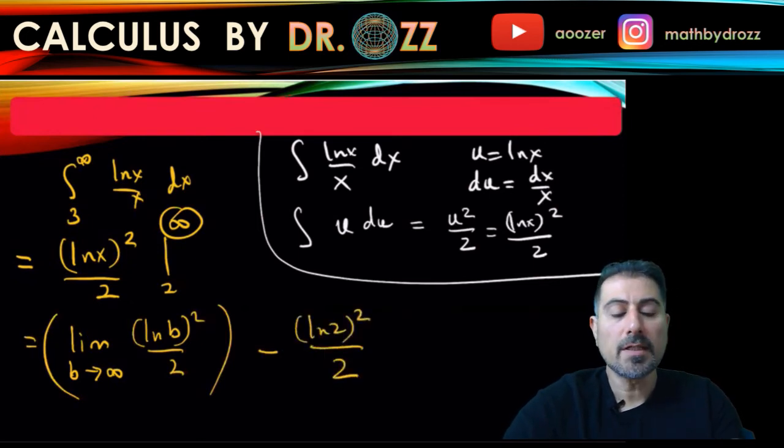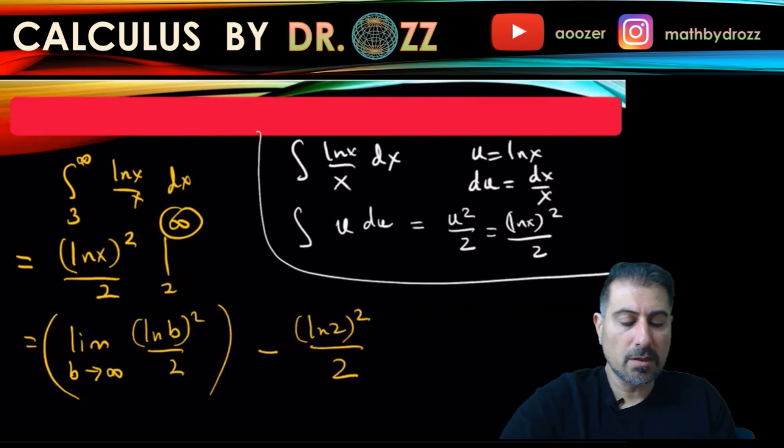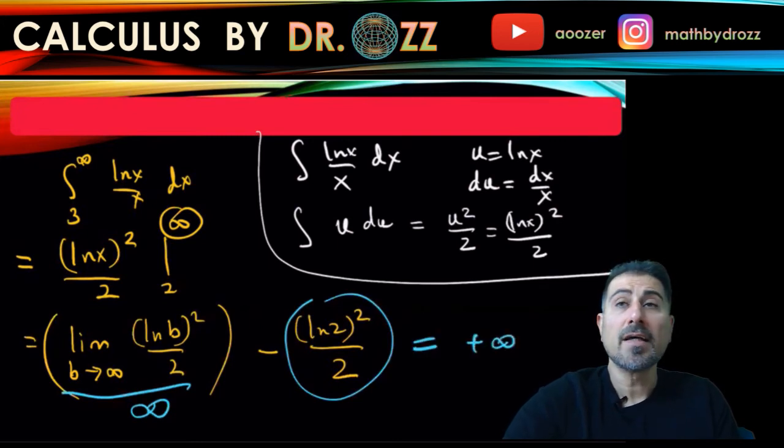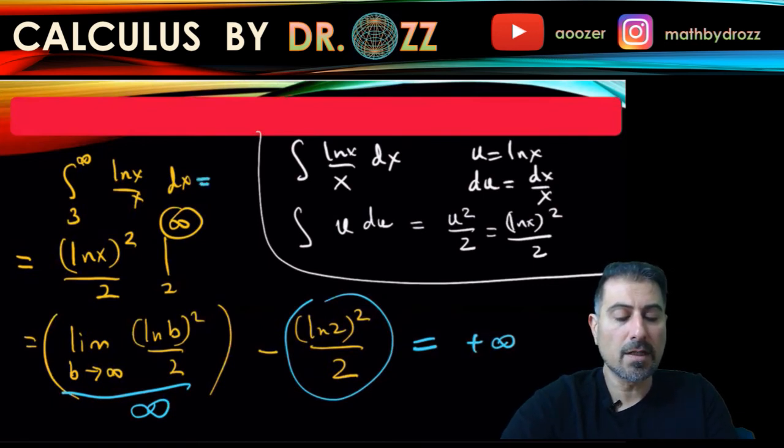One thing that we know about the ln function is that ln is an increasing function, and ln of infinity is infinity. So unfortunately, this integral diverges, because this is a finite number, and this is already infinity. So this diverges to plus infinity.